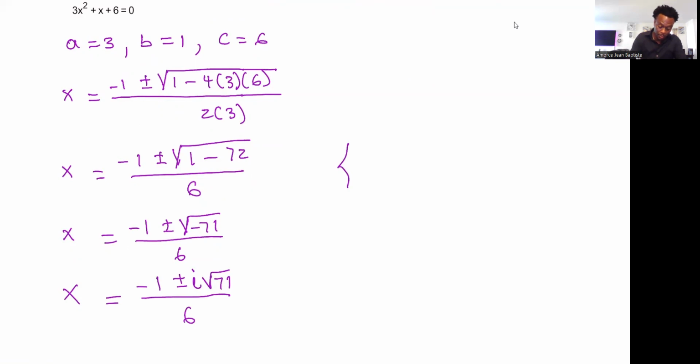So this one I'm going to split it. Negative 1 plus i square root of 71 over 6. And the second one is negative 1 minus i square root of 71 over 6.